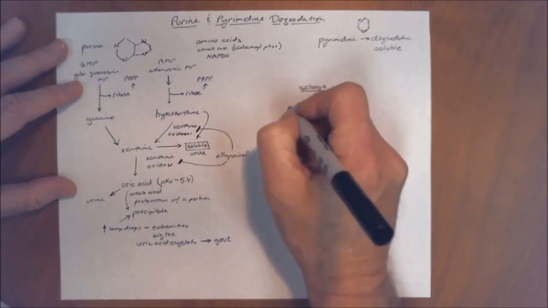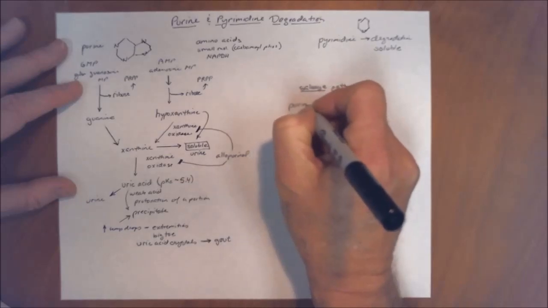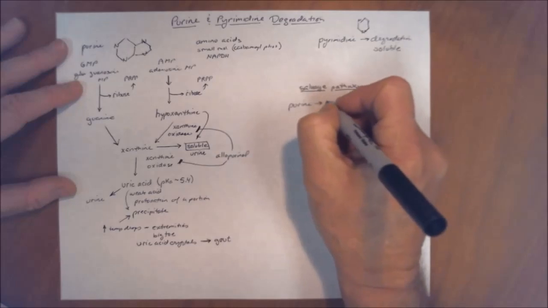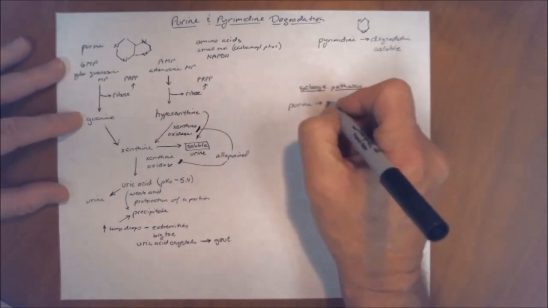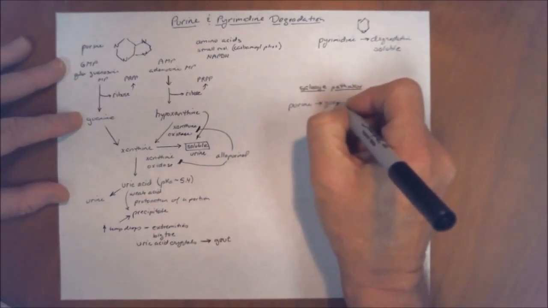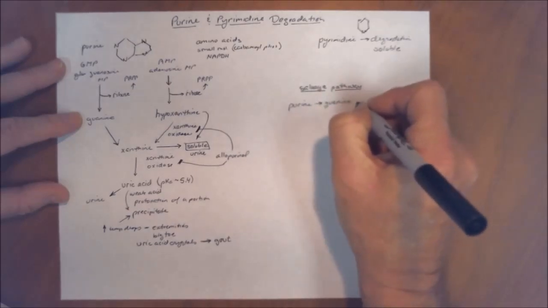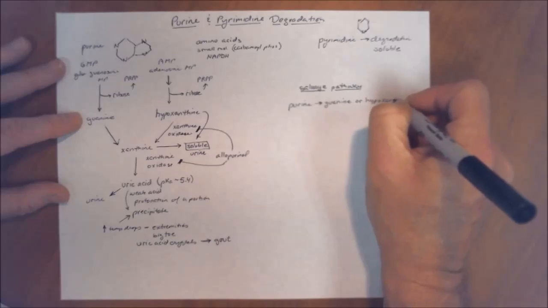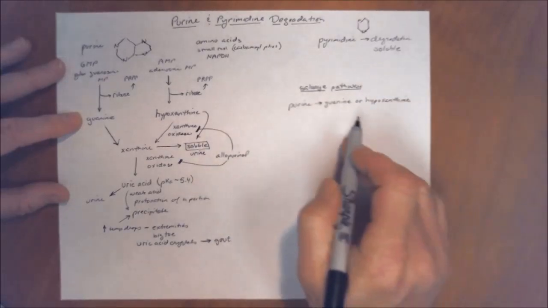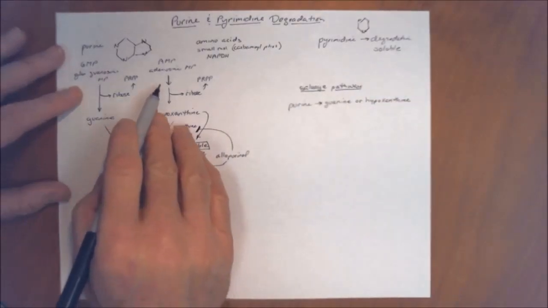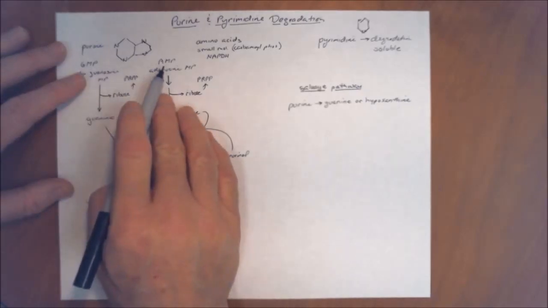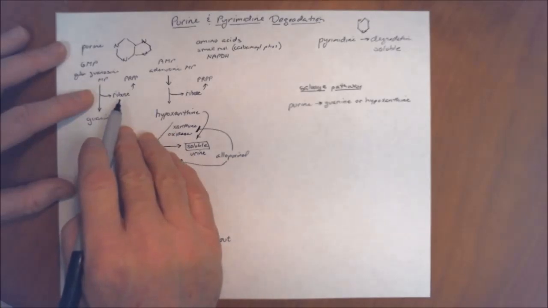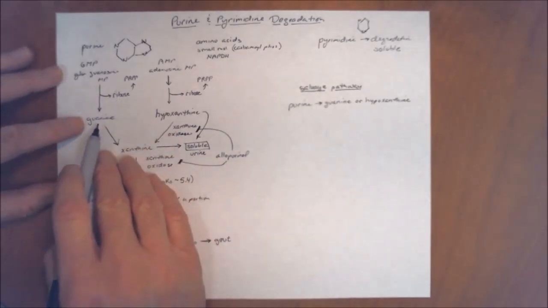So for purine salvage, we are going to take the ring structures at the level of guanine or hypoxanthine. So recall these structures are from the initial breakdown of our purine nucleotides, where we're cleaving off the ribose structure, resulting in just the base.